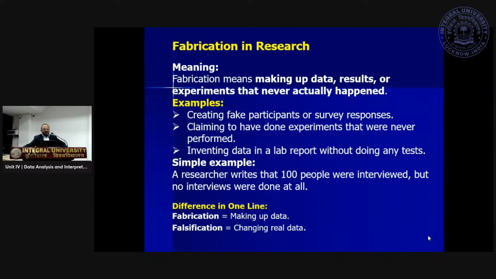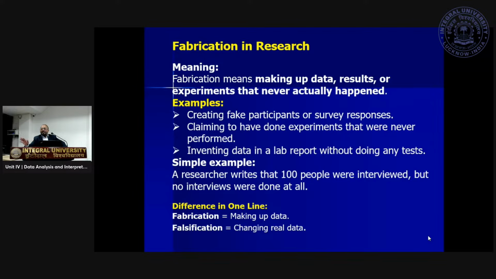This is called making up data, meaning creating fake participants or survey respondents. Instead of getting 50, you get only 10, and the rest are fake. That comes under fabrication, claiming to have done experiments that were never performed in the laboratory. A simple example: a researcher writes that 100 people were interviewed, but no interviews were done at all.